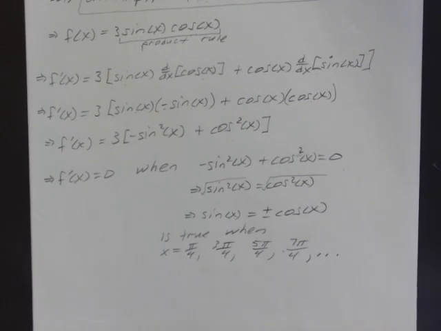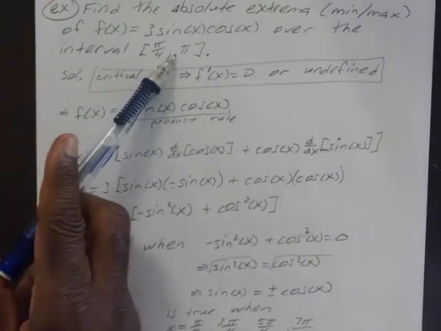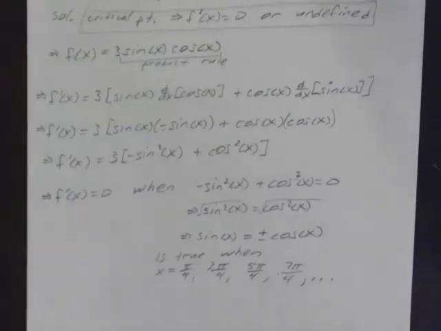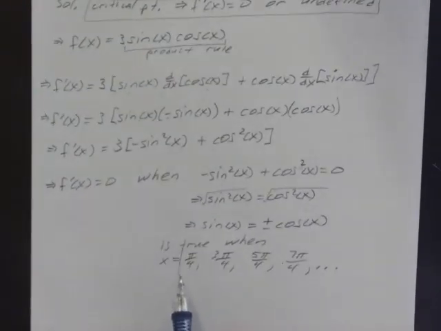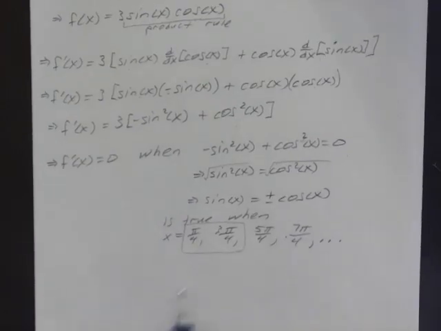So we can see here that our interval is from pi over 4 to pi. We're going to use pi over 4 to 3 pi over 4, plus we're going to go a little bit further. This is only true in this interval, so this is where we're kind of going to hang around.